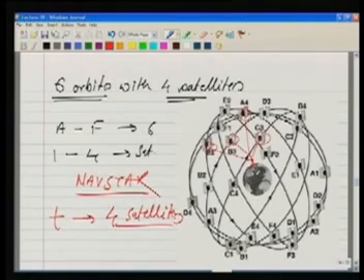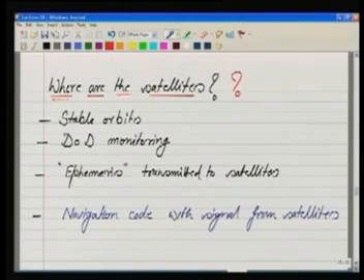Because if I know their coordinates, then only I can compute the coordinates of the point at the receiver. Now, how do we know these coordinates? So that is the question: where are the satellites at any point of time t?